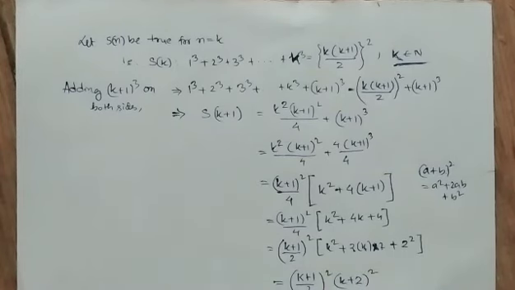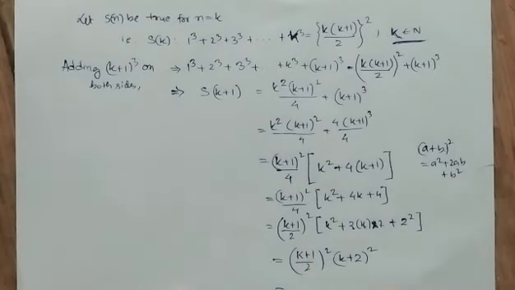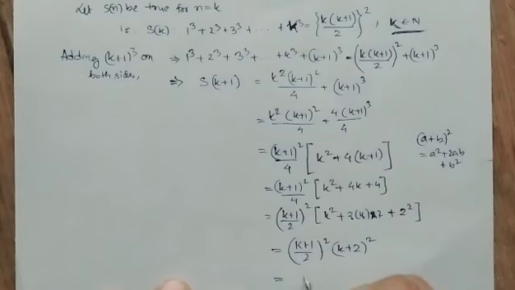Now we can take the square term common. So (k+1) by 2 into (k+2).